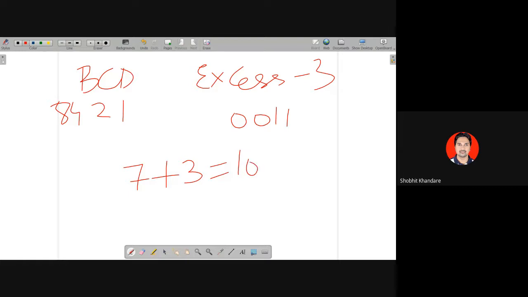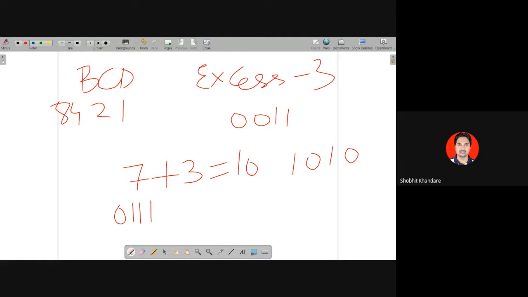I also asked you whether XS3 gives the representation in the binary code, or in BCD code. I told you that it gives you the BCD format. So how do you represent 10 in BCD? It is 1010. For 7, what is the BCD code? It is 0111.